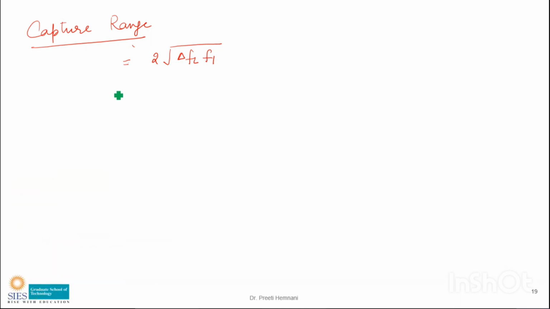Here your del FL, where we call this FL, is nothing but the lock-in range. 2 del FL is the lock-in range, which we just derived, and its value equals KV into K phi into A into pi. And what is F1?